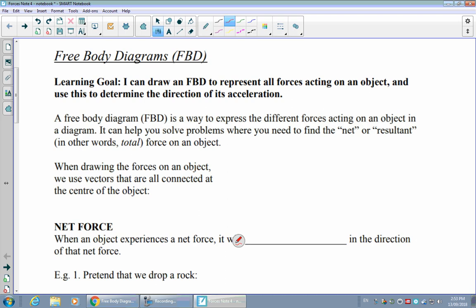Just to give you an example of what a free body diagram might look like, let's say we have a simple situation of a box, and draw some point in the middle of it that represents where all the forces will stem from. And so this box, of course, is feeling gravity pull it down.